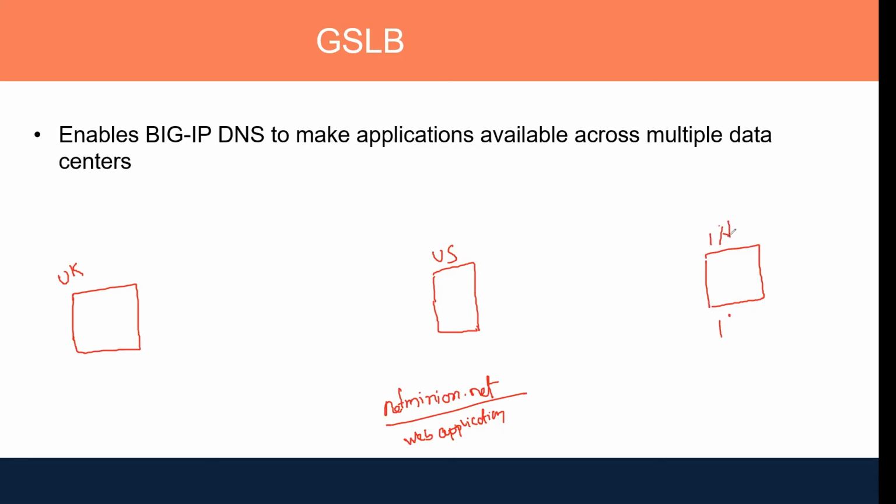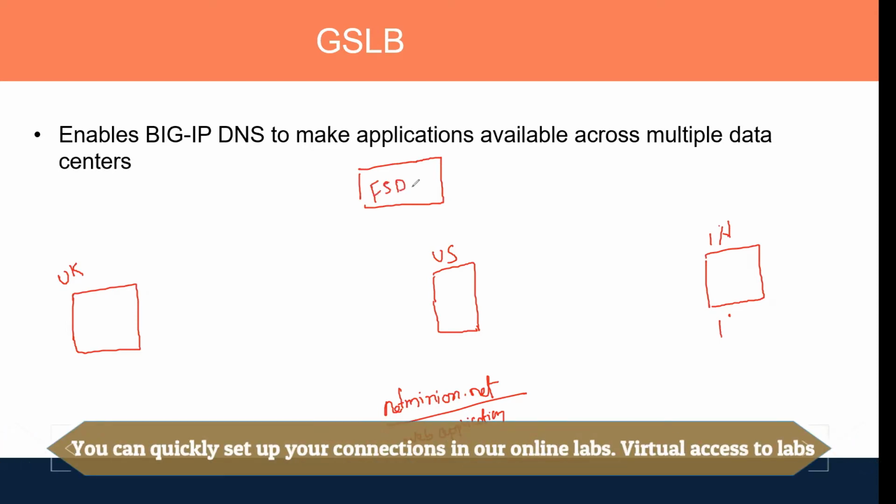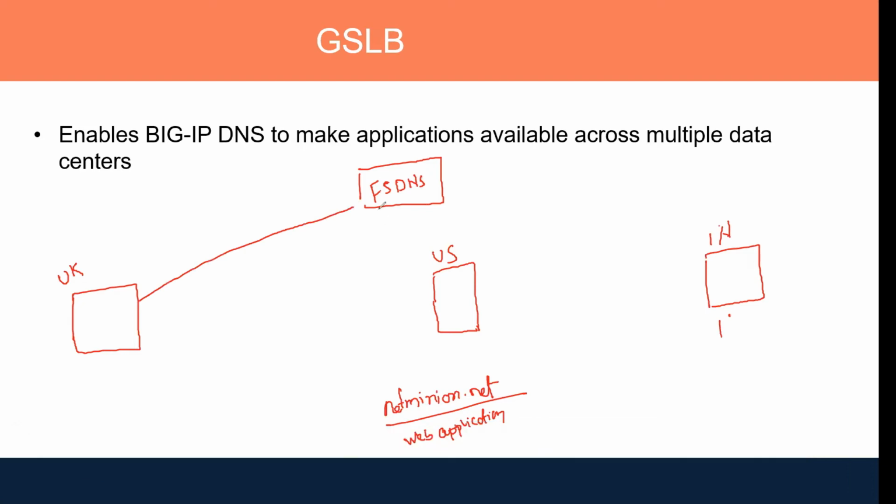So we have 3 data centers, and this NetMinion application is running on each data center. Now we have F5 DNS over here. This F5 DNS is monitoring all the data centers and the application which is hosted on these data centers.